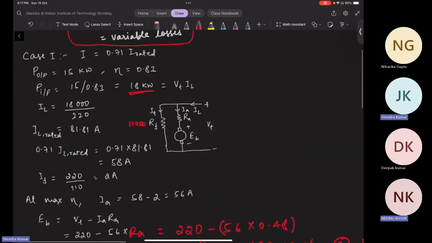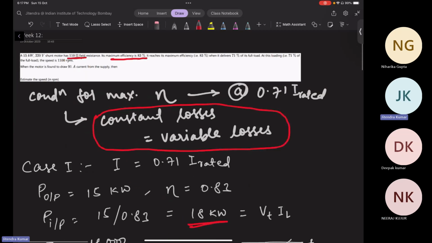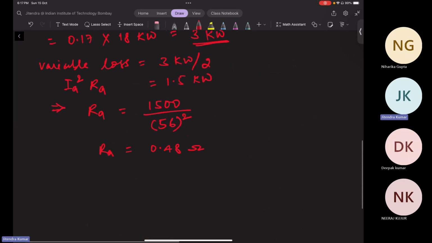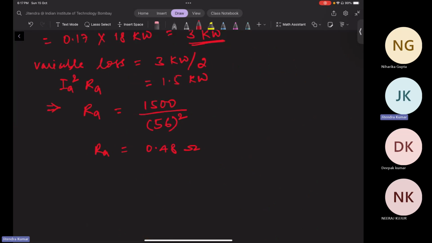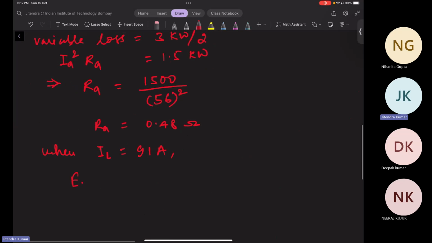Now we have to find out the speed when the motor is drawing 91 amps. When it is drawing 91 amps, we can find out the back EMF simply by KVL, because we know RA and we know field drop. So for the second case, when line current is 91, EB will be equal to VT, that is 220 minus IA into RA.